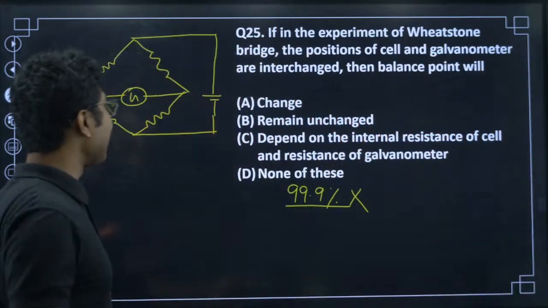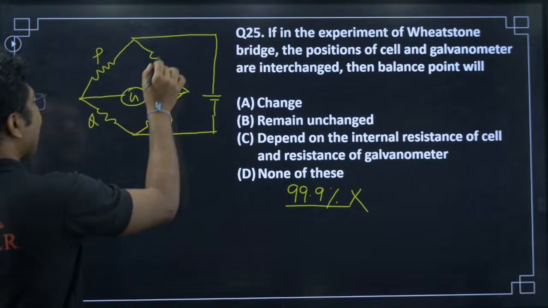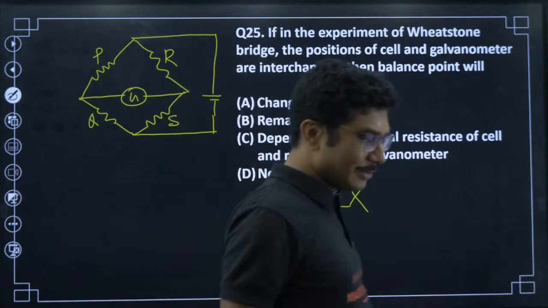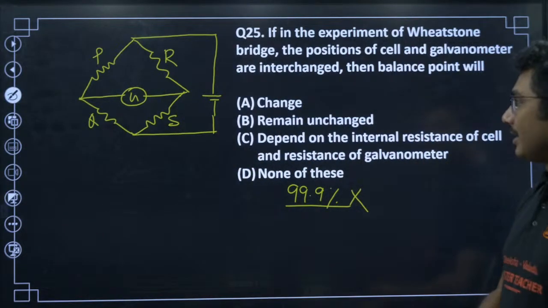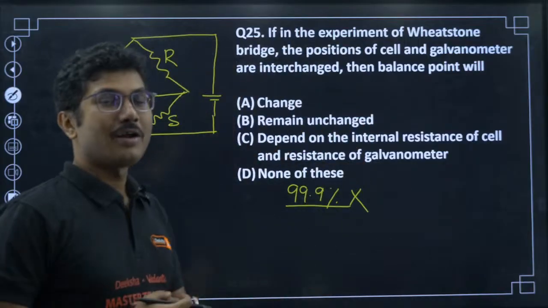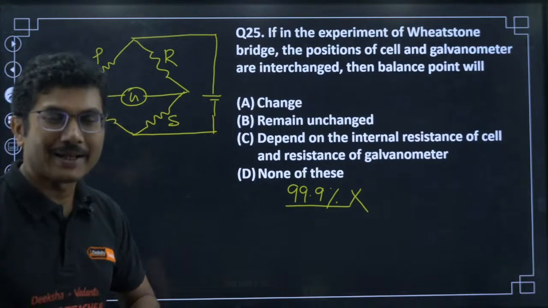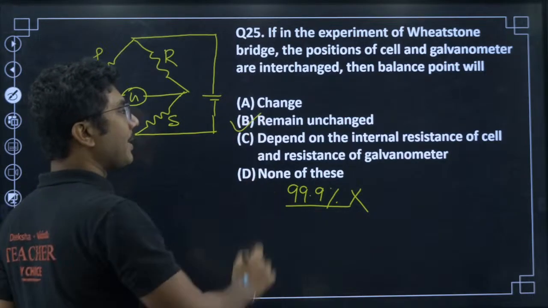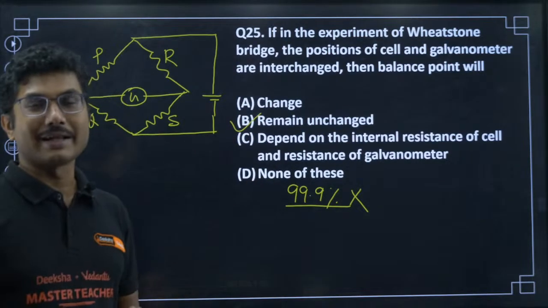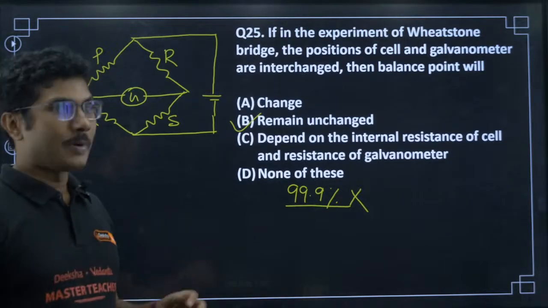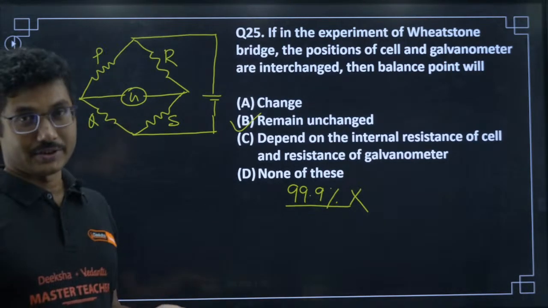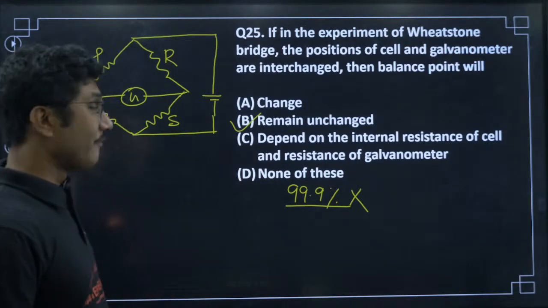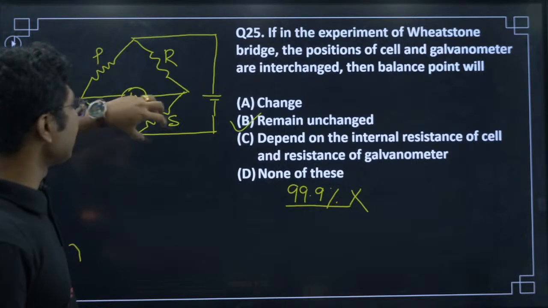In the last case also P by Q was R by S. In this case too, you can find P by Q will be R by S. So the condition for balance in a Wheatstone bridge remains unchanged even if you change the galvanometer and cell positions. It is independent of the cell's position. Once the circuit is balanced, it will remain balanced no matter how you change the configuration. The only thing that can change the balance condition is changing the resistances themselves.